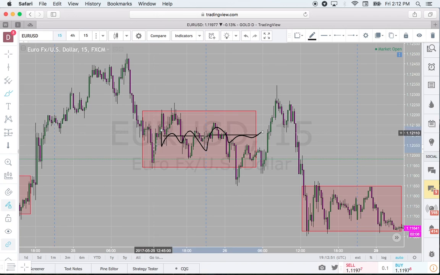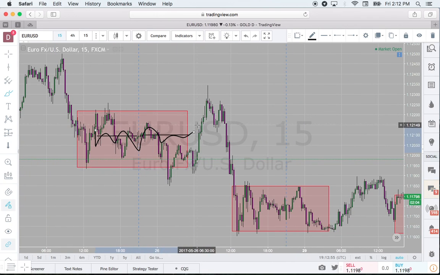This will trap enough liquidity to then, during London session, be able to spike just enough to hit the stop losses in here of any people selling.